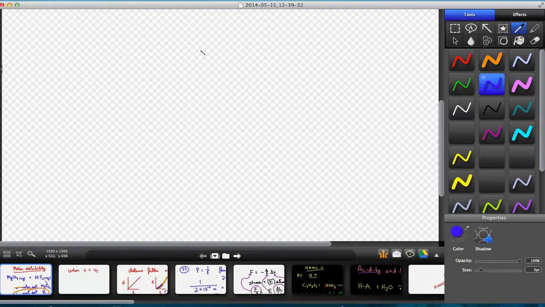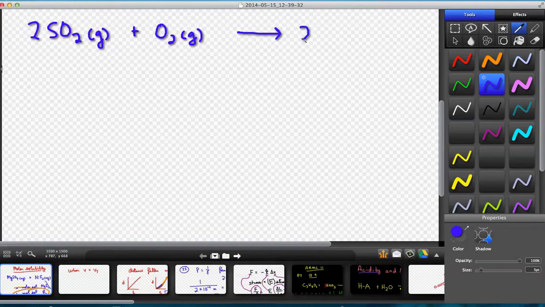So we have 2SO2 plus O2 yields 2SO3. And I'm given thermodynamic data, delta H is minus 197.8.